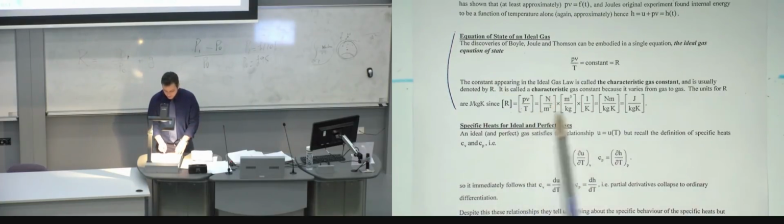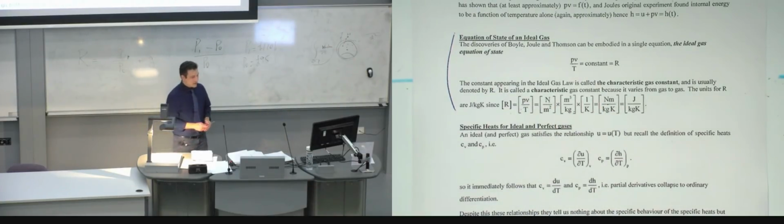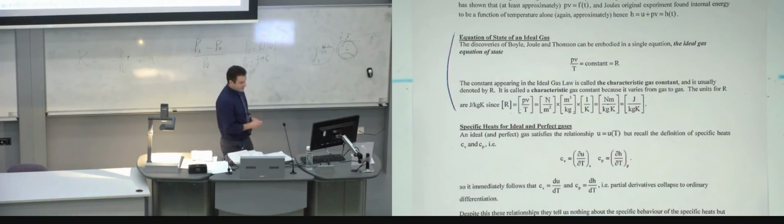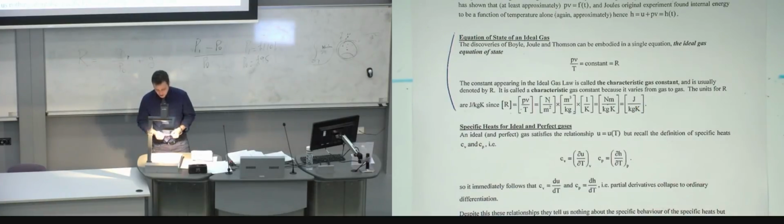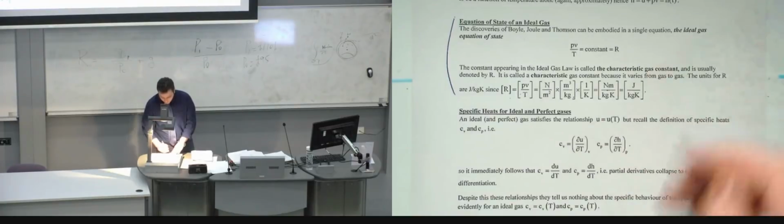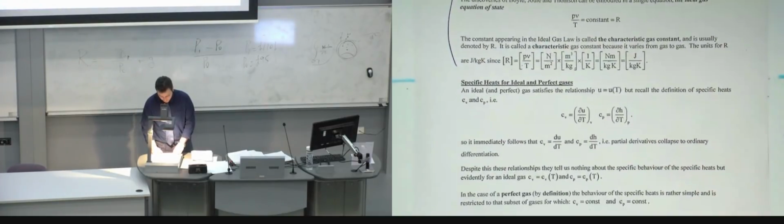You can follow the steps I've done here to see the dimensions for pressure, specific volume, temperature, etc. And then you end up with exactly a consistent dimension for R. Anyway, I'll leave that to you to go through. That's quite straightforward.